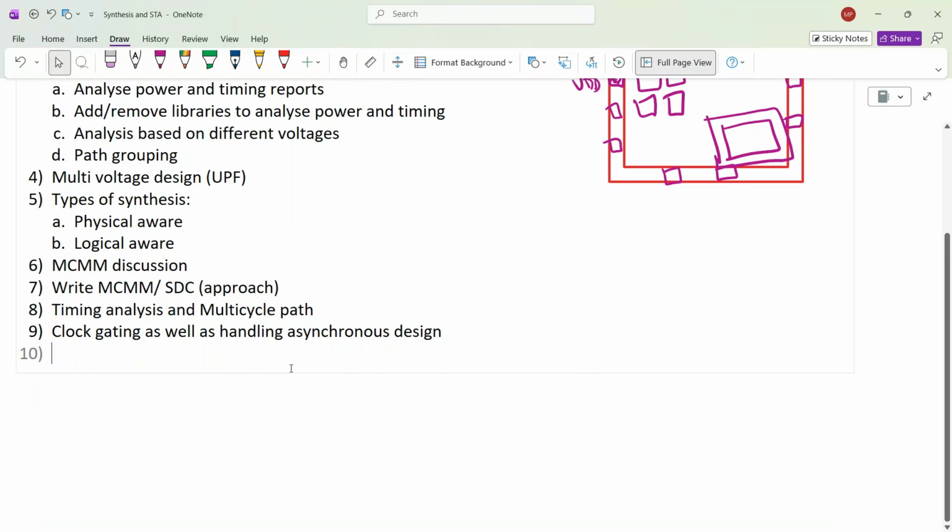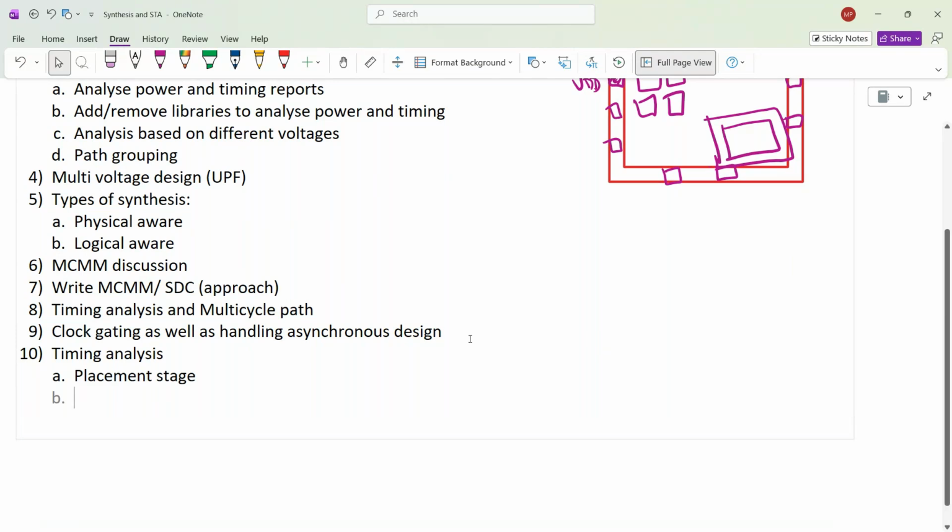Then, from MCMM we are going to work on a multi-voltage design with cutoff, and then we are going to do timing analysis on different stages of PNR, like the placement stage.